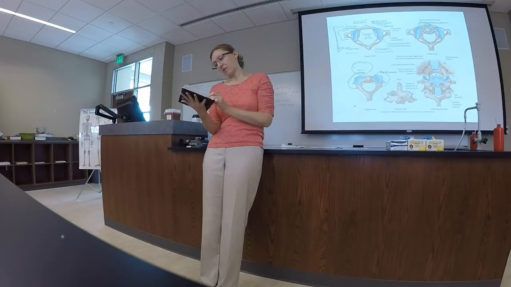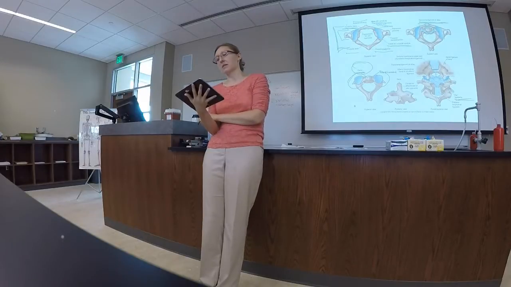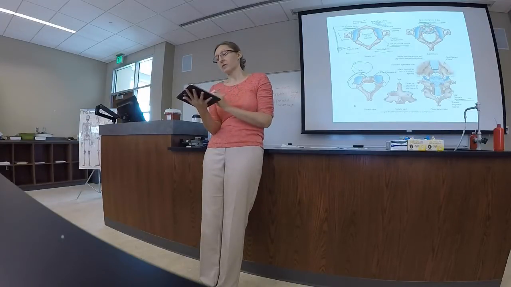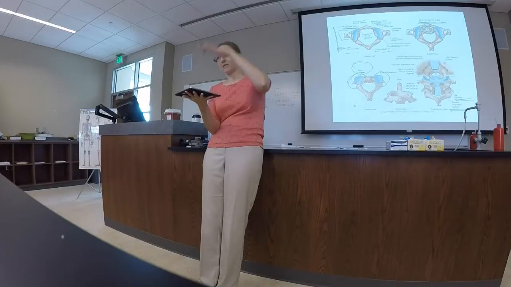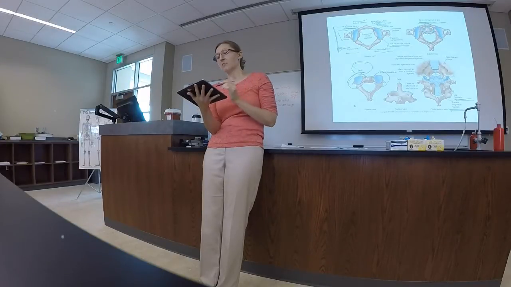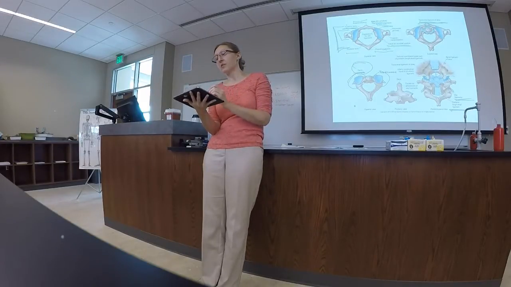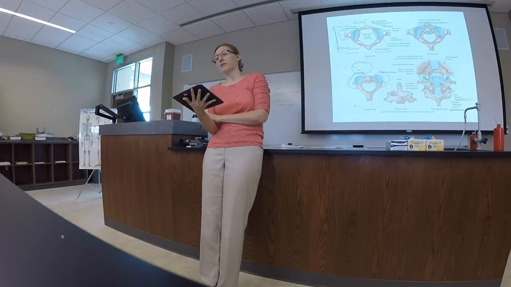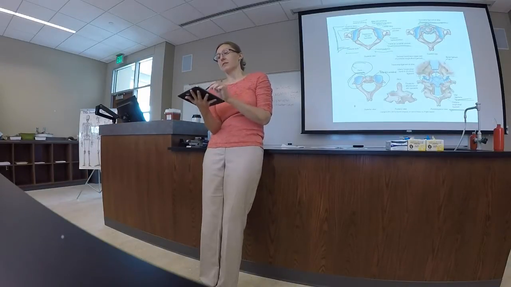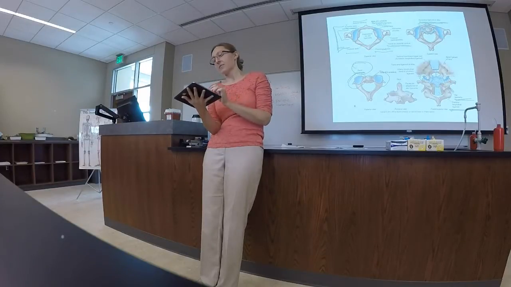We'll talk more about them next class period, but we just want to mention the alar ligaments, holding them together, and the posterior longitudinal ligament, again holding everything in place. And here you can see the articular process between the occipital condyle and the superior facet for the occipital condyle on the atlas.